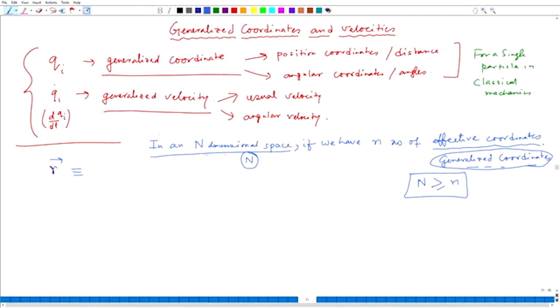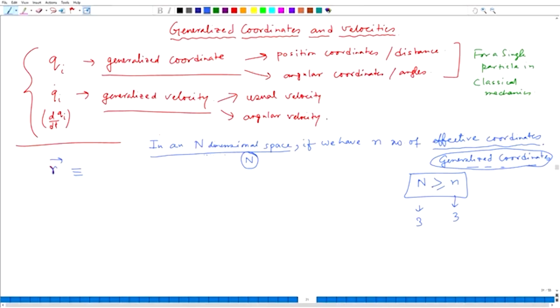So, your N will be 3, and your small n will be 3 in 3D space. Now, let us say the particle is moving on the surface of a sphere of constant radius, then N will remain 3, but small n will now become 2 because there is one constraint.